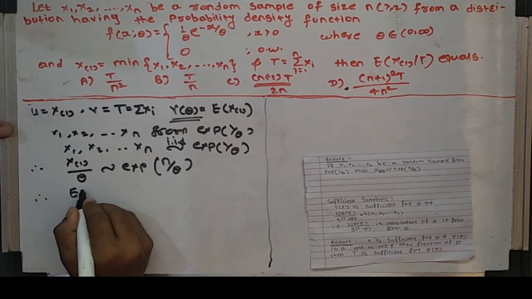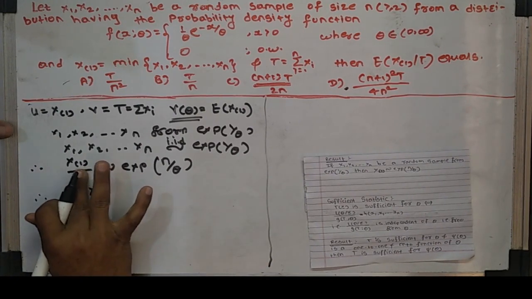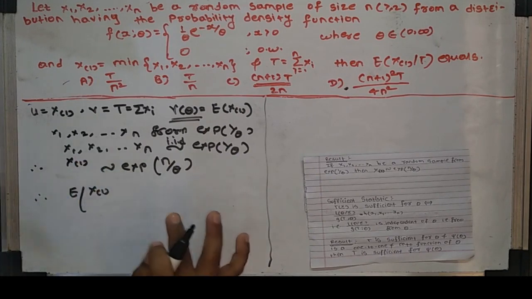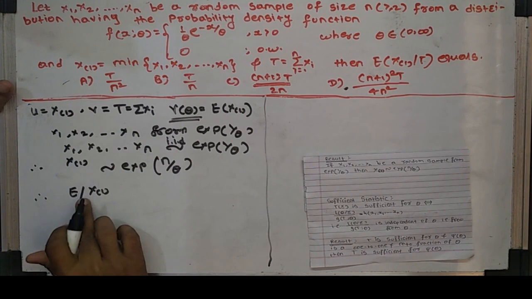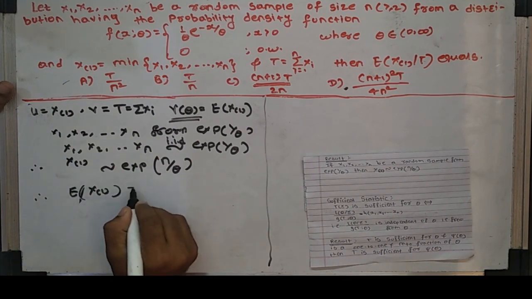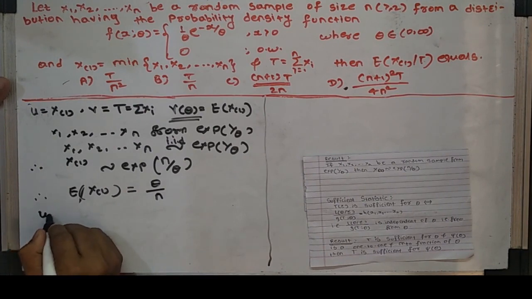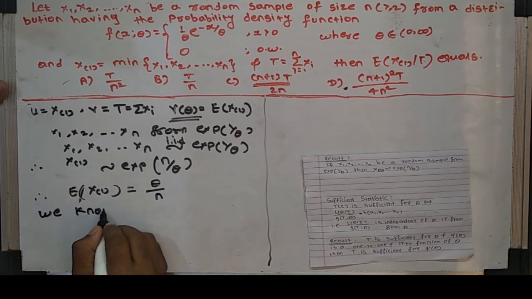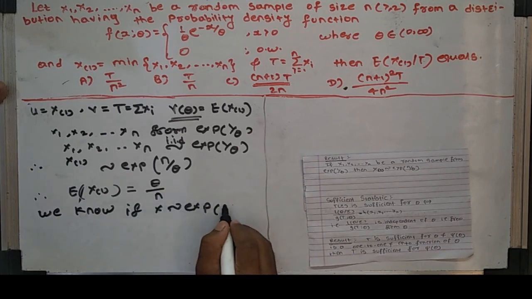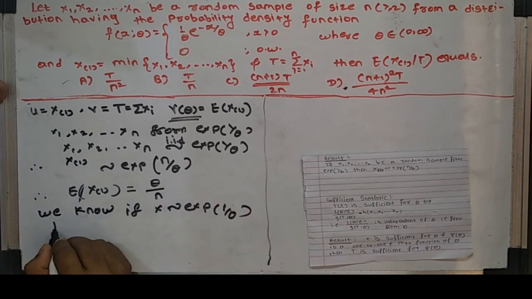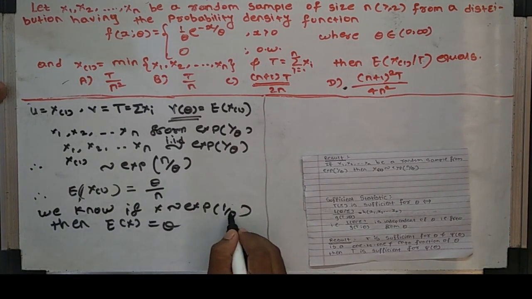Therefore the expectation of X(1), X(1) follows exponential with mean theta by n. Therefore the expectation of X(1) equals theta by n, because we know if X follows exponential with mean theta, then the expectation of X equals theta.